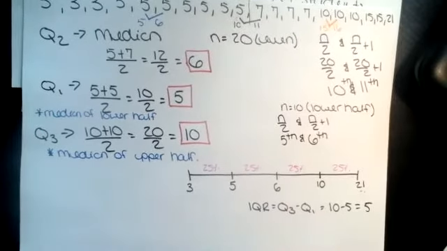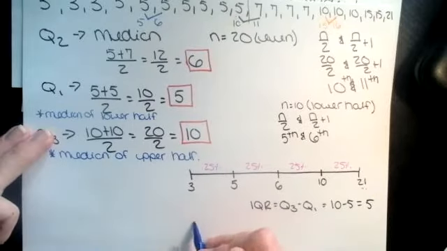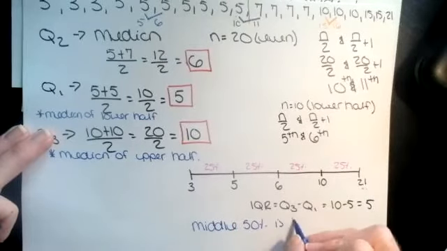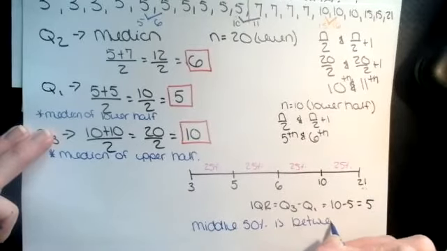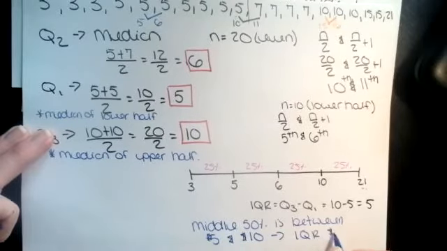So what the interquartile range says is that the middle 50% is between $5 and $10. So it gives us an IQR of $5.